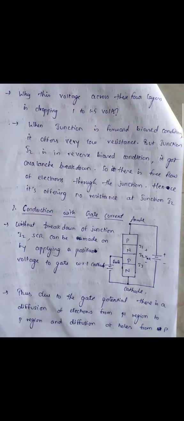So why is the voltage across these four layers dropping to 1 to 1.5 volts? Because of this avalanche breakdown there is no resistance at junction J2. When it is in forward bias, the junctions J1 and J3 offer very little resistance, so there is an easy flow of electrons. Understood? Okay, now let us discuss conduction with gate current.